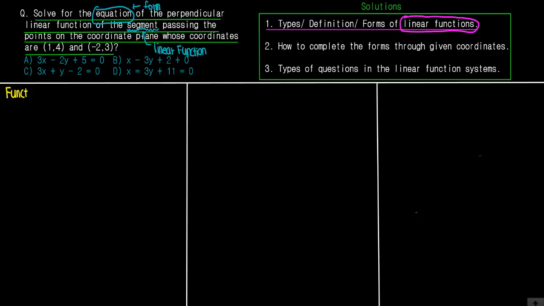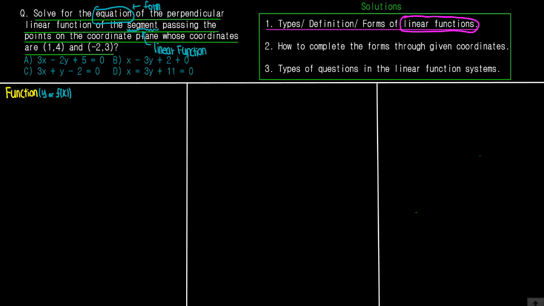Linear function is also a type of function that we notate on our coordinate plane, and usually we notate a function as y or f of x. So y or f of x are the usual terms that we use to express our functions on the coordinate plane.